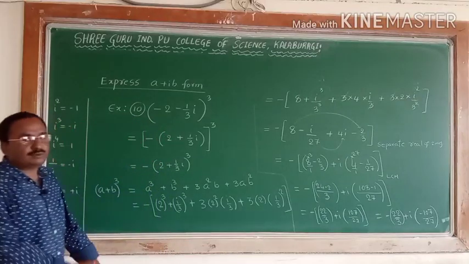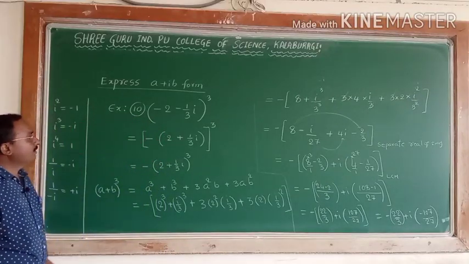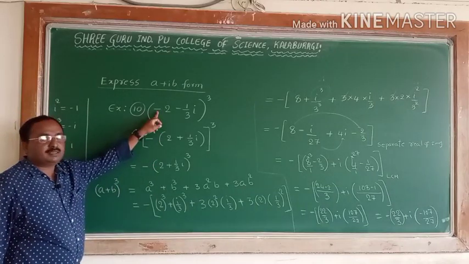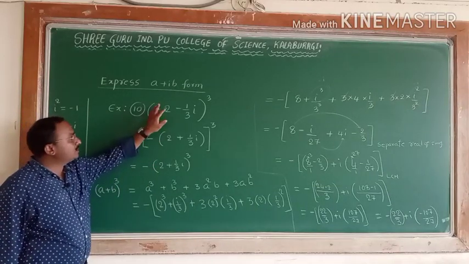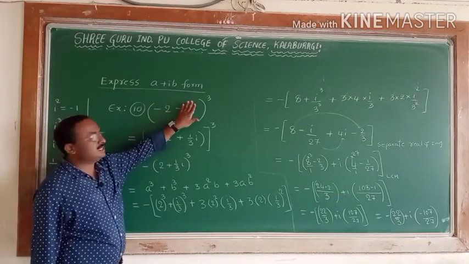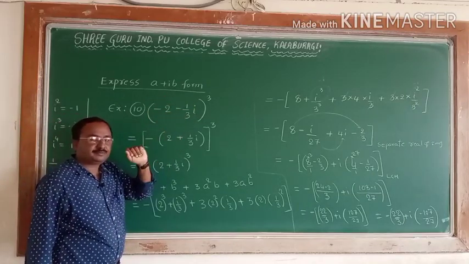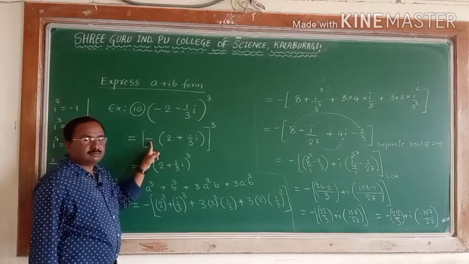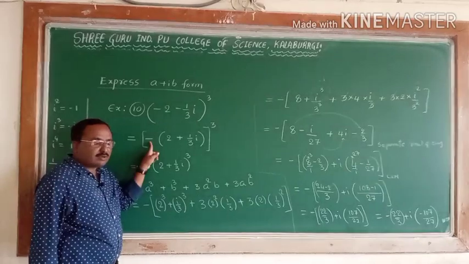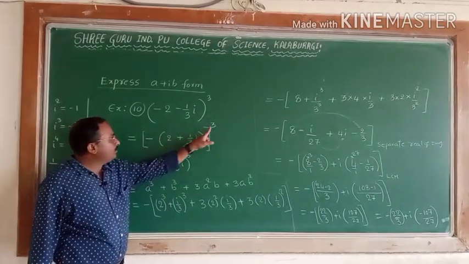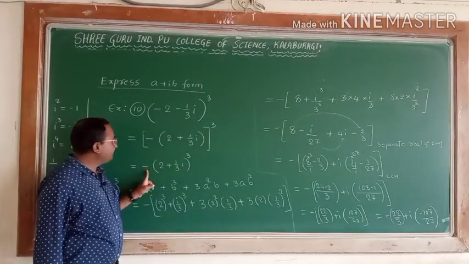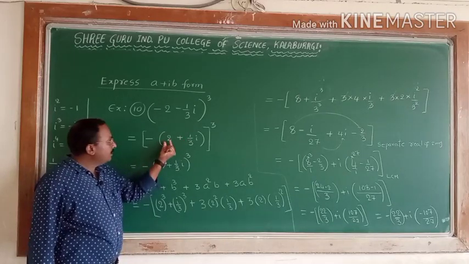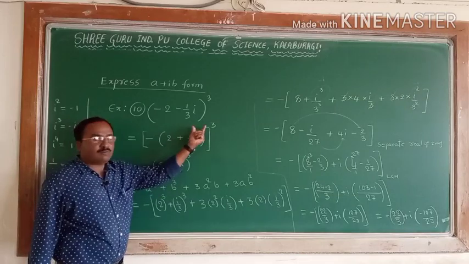That is it. Any doubt? Keep in your mind, negative is there. If we treat this as A and this as B, that is also the same. A simpler way: I will take a minus common. If minus is taken common outside, negative to the power odd is negative, and inside it is plus.